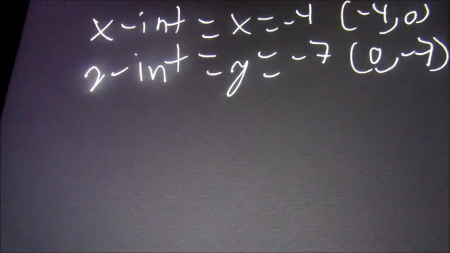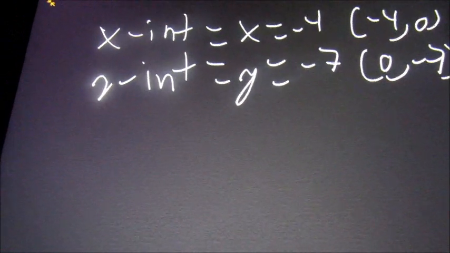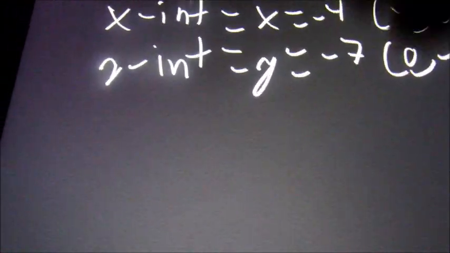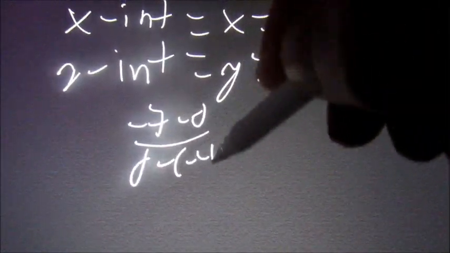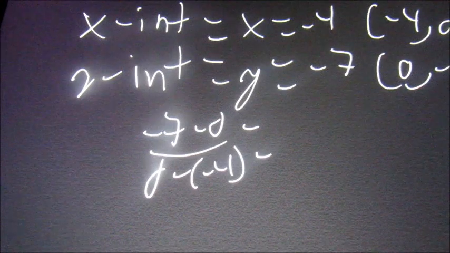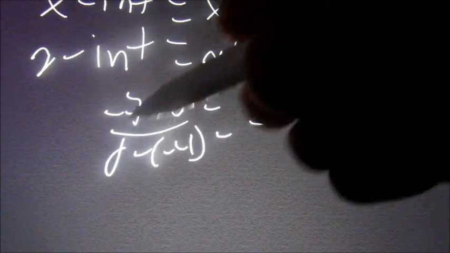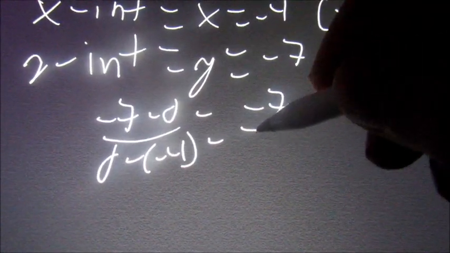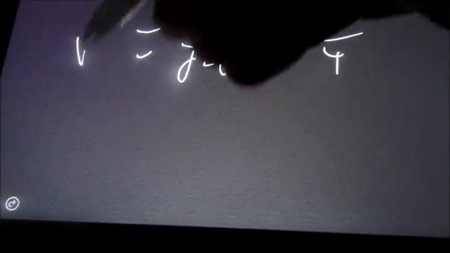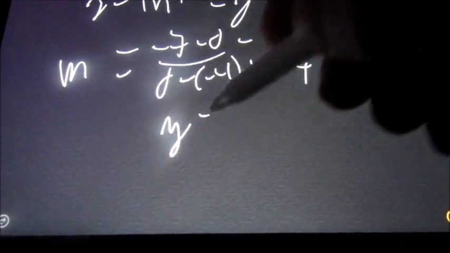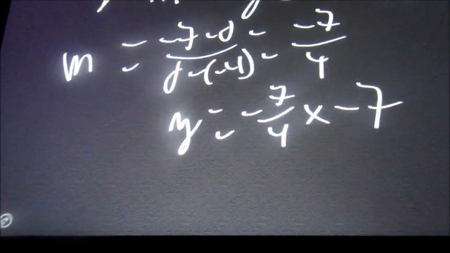So we're going to do y1 minus y2 over x1 minus x2. So I'm going to say -7 minus 0 over 0 minus -4. -7 minus 0 is -7. 0 minus -4 is +4. So our slope is -7 over 4. Now we have the y-intercept, so we can just say y equals -7 over 4 x minus 7.